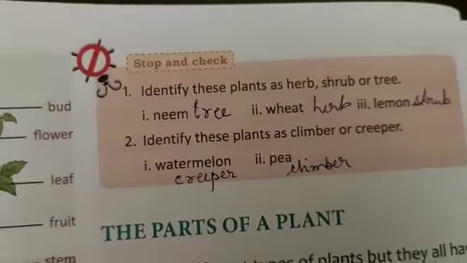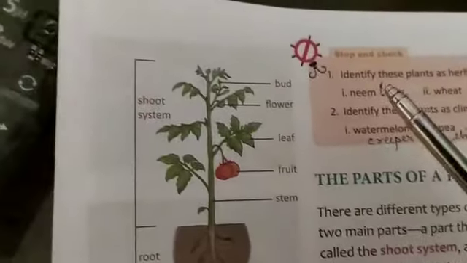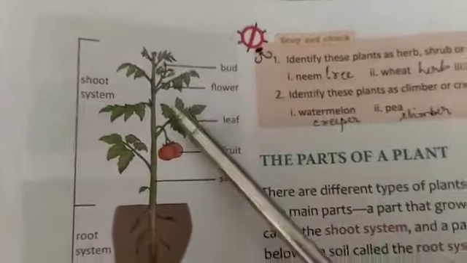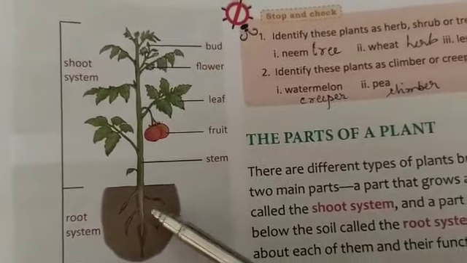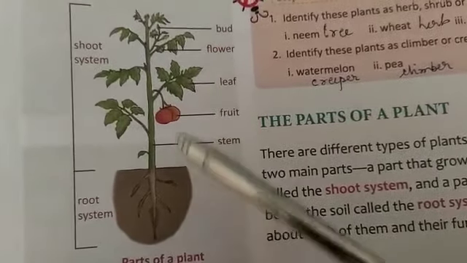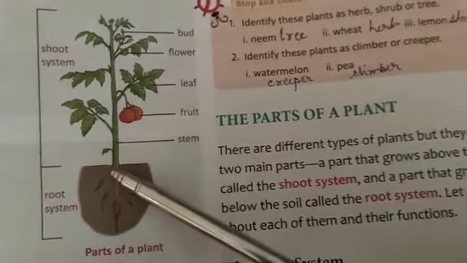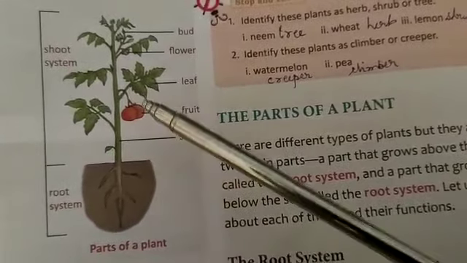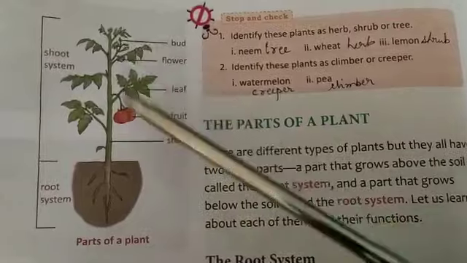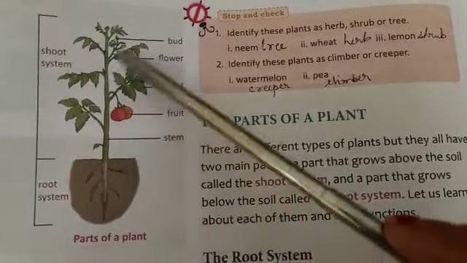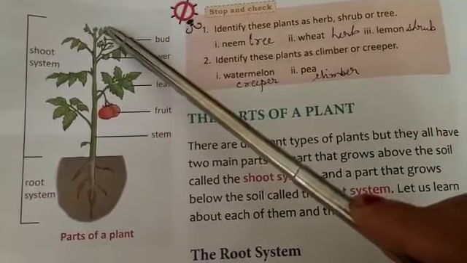Now let us study the parts of a plant. See students, on your page on the left hand side, these are the parts of a plant. What are the different parts of a plant? Let us find out. First we will say that the plants have 2 main parts. A part that grows above the soil is called the shoot system.